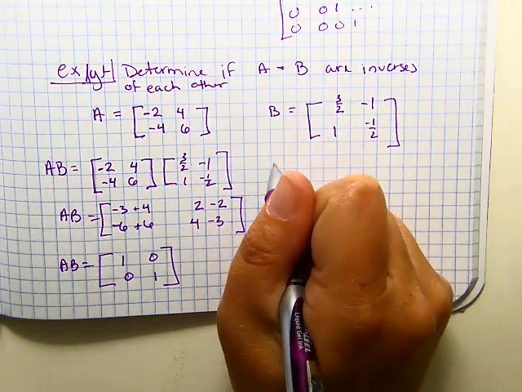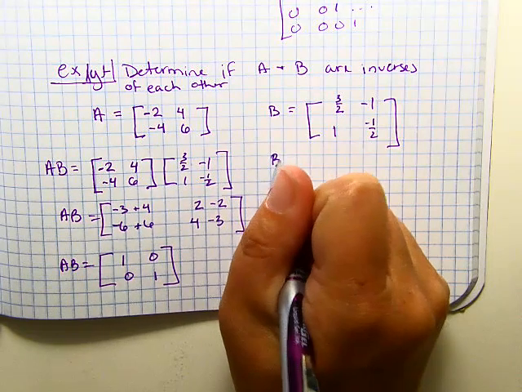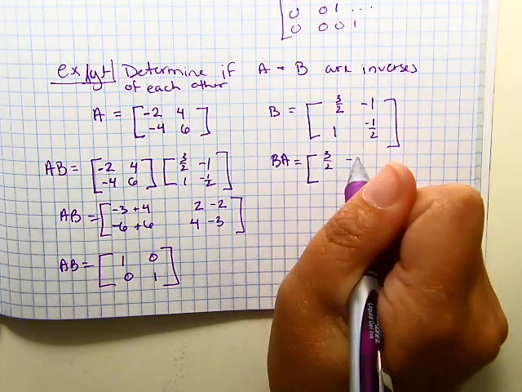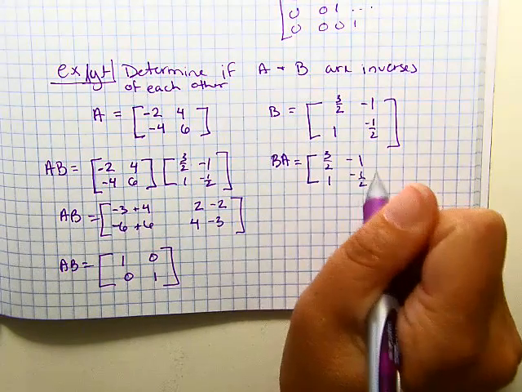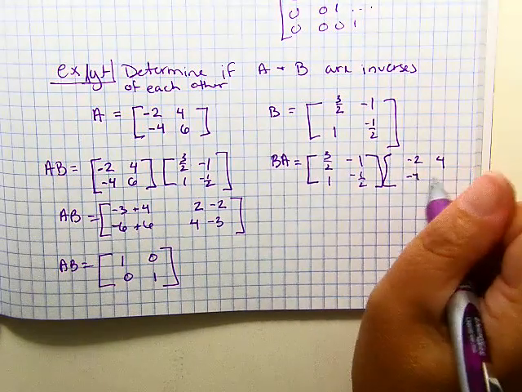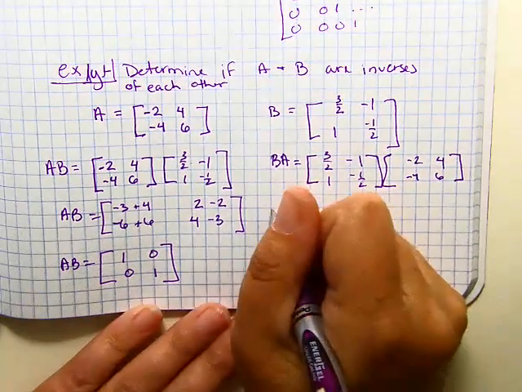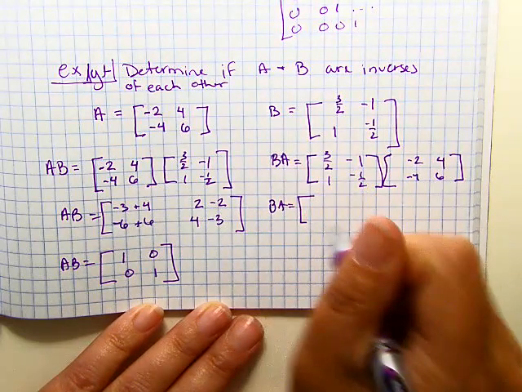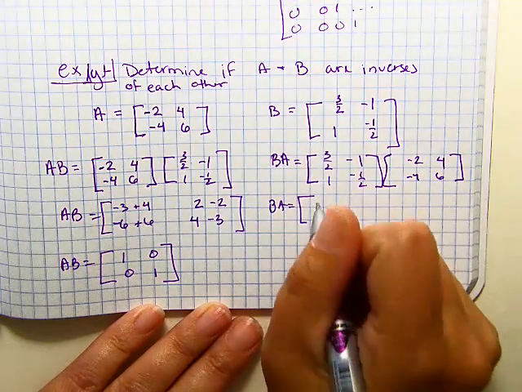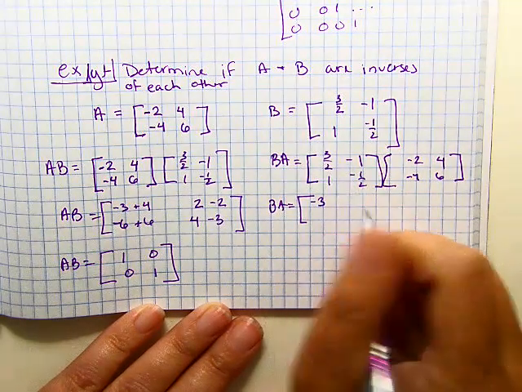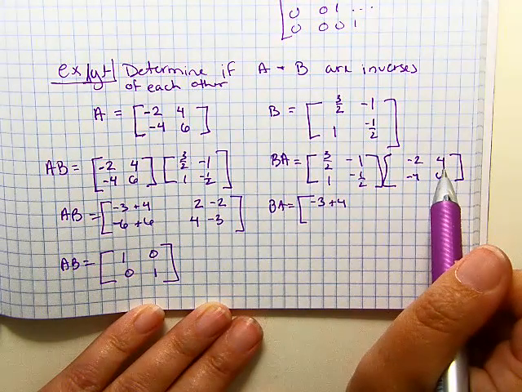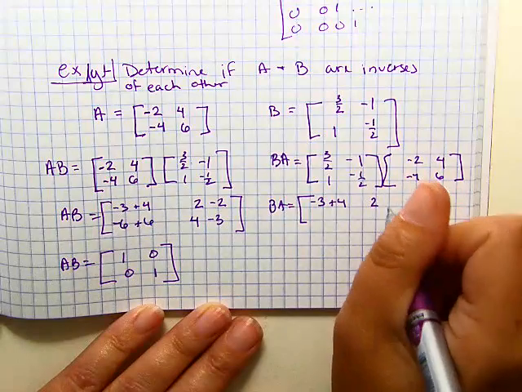Okay, so for BA, let's see. We have 3 halves, -1, 1, -1/2 times -2, 4, -4, 6. So BA equals row into column. 3 times -2, that's -3. -1 times -4, plus 4. 3 times 12, that's 6.